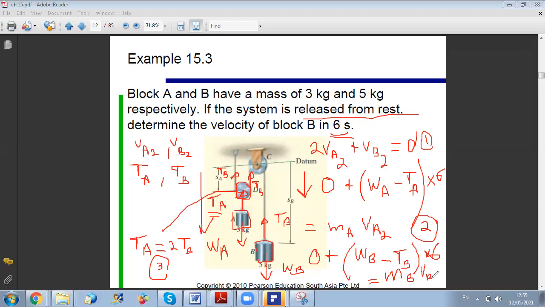Okay, so now all you have to do is to solve the system and you can get the final velocities of blocks A and B. Okay, any question on this problem?